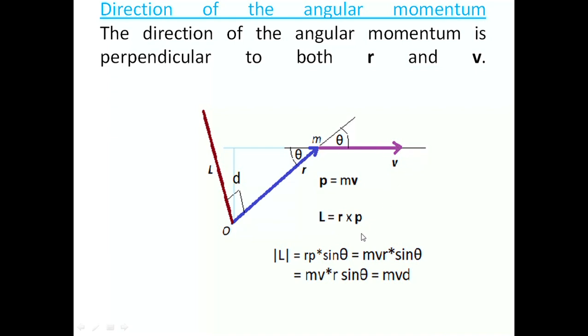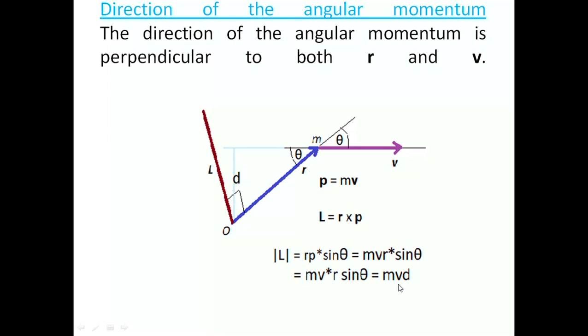Now, what is the magnitude of angular momentum L? It is equal to r p sine theta. We replace p with mv, so it is m v r sine theta. We can write it as mv into r sine theta, but r sine theta is the distance d.